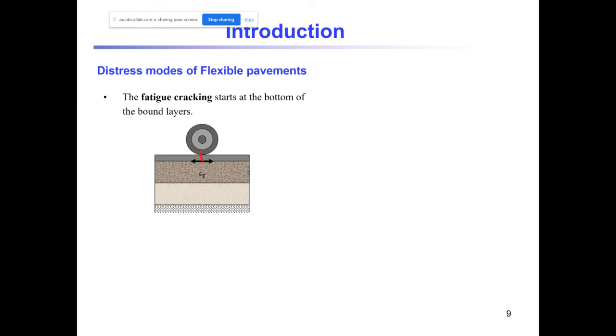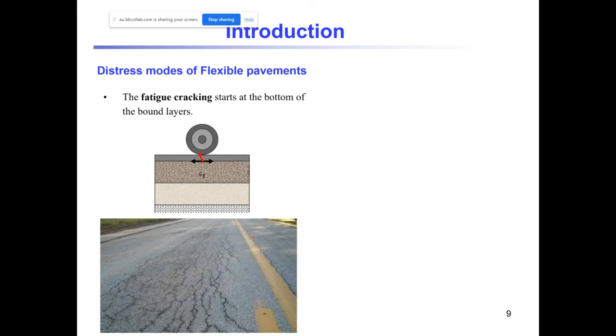When it reaches the surface, we call it reflective cracks, and we see reflective cracks in the road. This is considered as a failure of the road. So if you see a road with this type of cracks, this is considered as a major failure. So this is one mode that we are considering in Austroads, the first mode of failure.